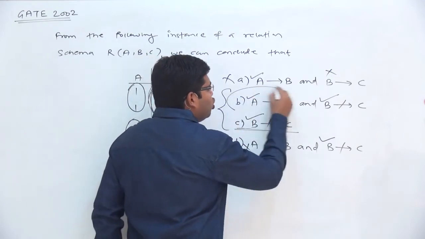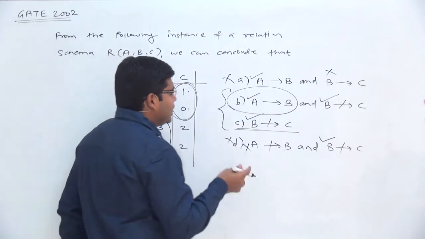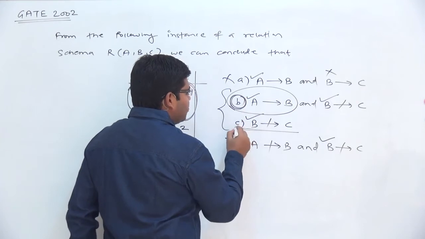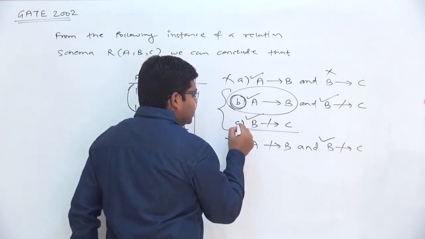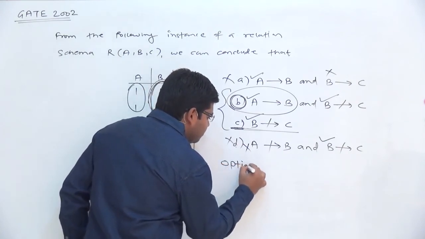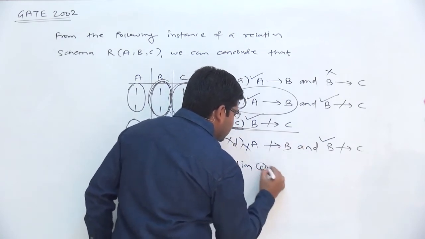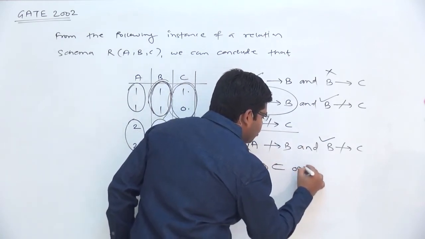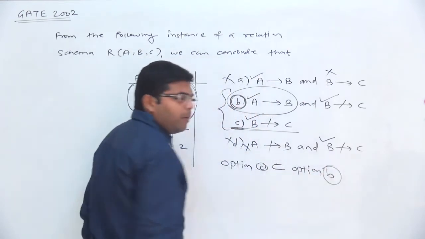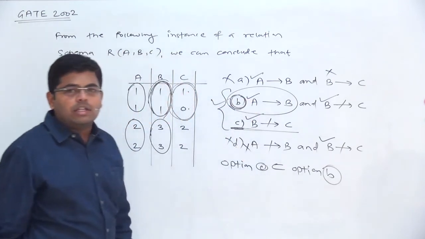However, option B goes ahead and says A gives the value of B. That is why whatever information is there in option B is a superset of the information which is present in option C. Or we can say that option C is a proper subset of option B, and therefore we will call option B a more powerful answer, a more general answer, and therefore option B will be the correct answer in this particular question.